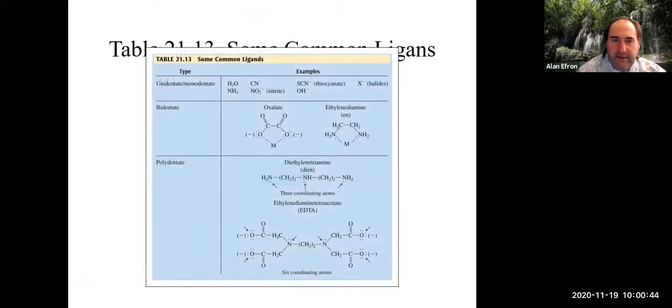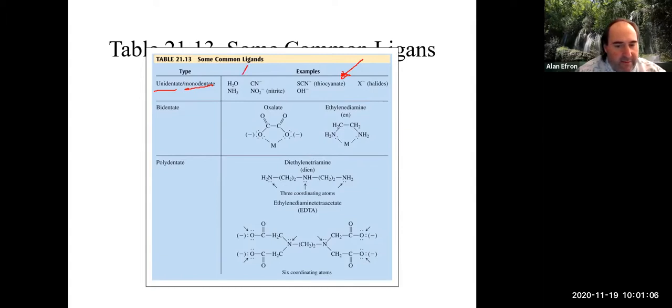Here's a table, not from your book, but you have a similar type of table, I think. Some of the monodentate, some people call them unidentate. Basically all these guys will bind in one place per molecule. So we have something like water, cyanide, ammonia.